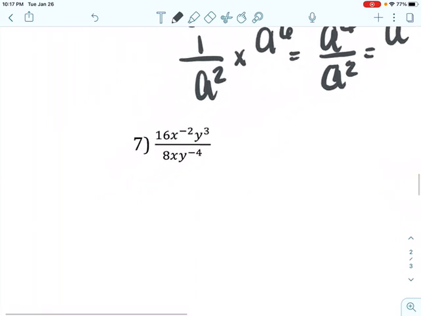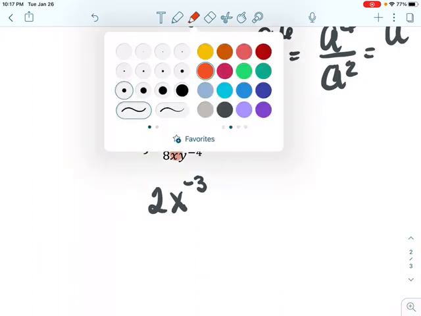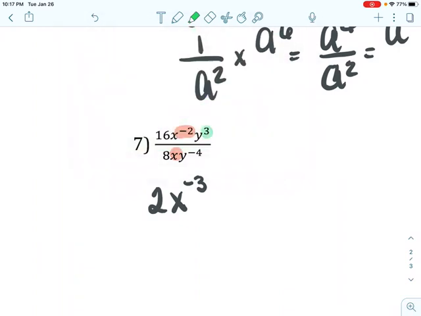Okay, now I'm going to simplify this. So that's going to be 2 because 16 over 8 is 2. Negative 2 minus 1 is negative 3. Right, that's these two. And if there's no exponent, it's 1, by the way. Okay. All right, 3 minus negative 4, 7.